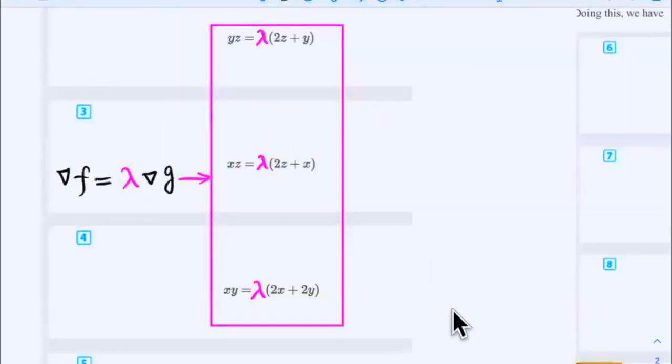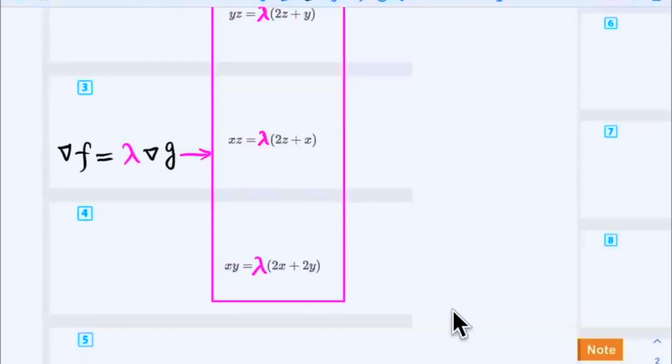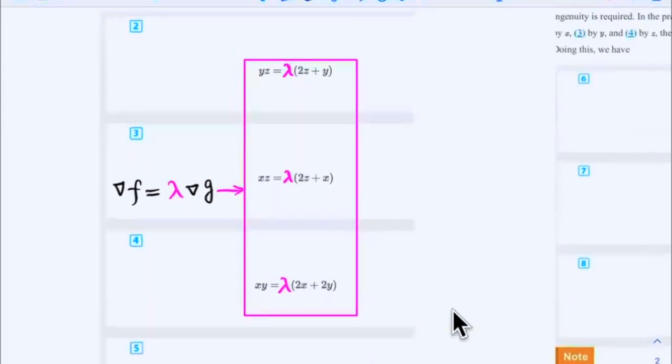You get these three equations, and then we use them together with this constraint equation. This is the constraint equation. And then we should be able to solve for x, y, and z.